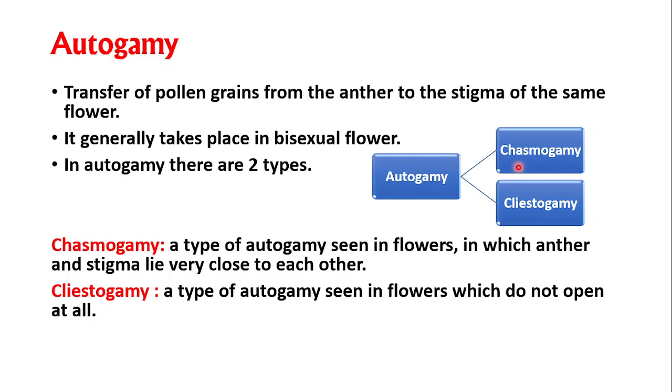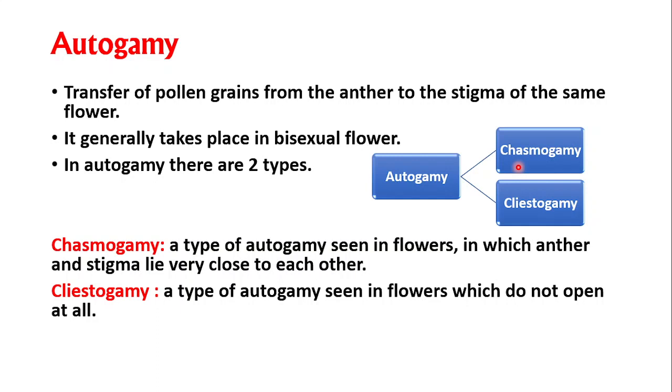That means chasmogamous flowers are those in which the male and female reproductive parts lie very close to each other, so that self pollination takes place very easily. They are not present very distant from each other.